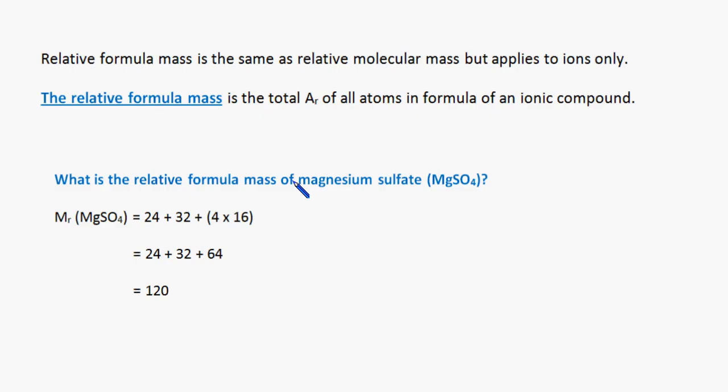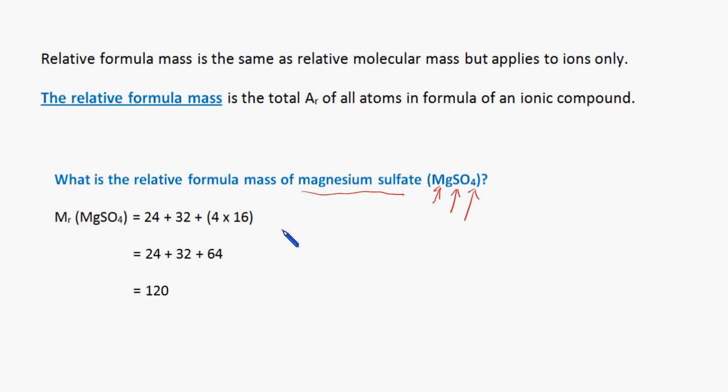In this example, we have magnesium sulfate. Magnesium sulfate is an ionic compound, and the formula is MgSO4. So we have one magnesium atom, one sulfur atom, and 4 oxygen atoms.